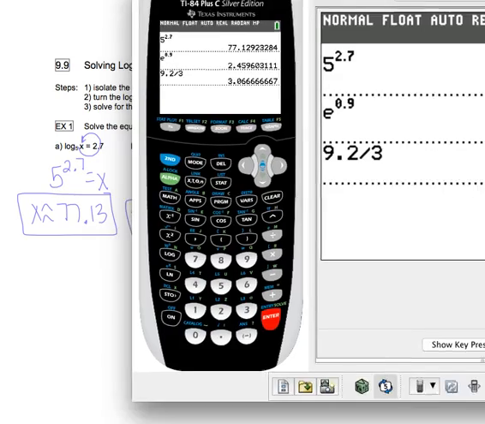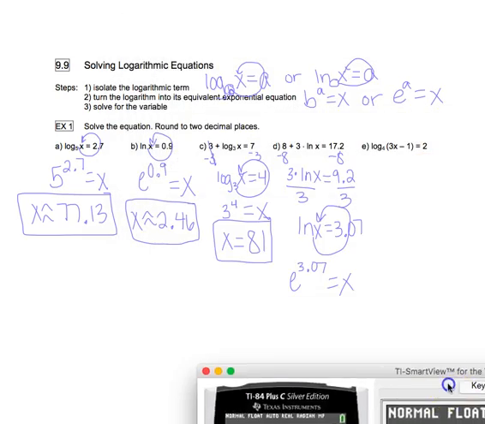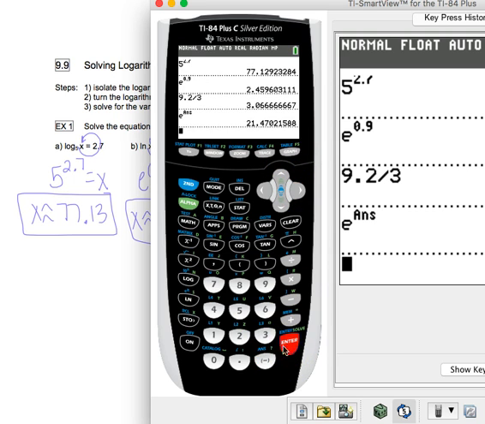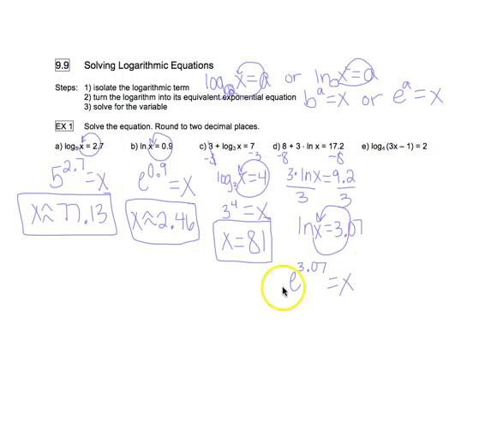It's not going to give me the same answer. So I'm going to do e raised to the second answer and then press enter. So that gives me 21.47. So x is approximately 21.47.